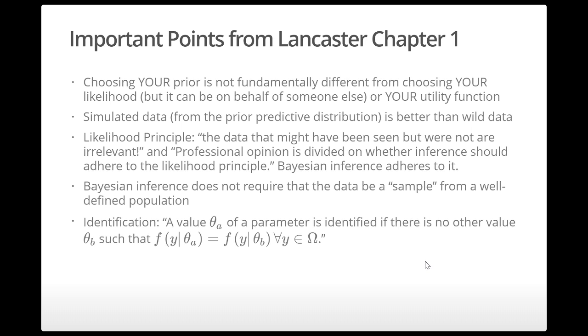Unfortunately, in my opinion, if you read the Stan documentation or the Stan forums or blog posts around Stan, there are a lot of people who throw around the word identification in a much looser way. The way they're using it basically means, this is hard for Stan if it's not identified. Or if it's hard for Stan, then it's not identified, which is not a real definition. So anyway, this is the actual definition.